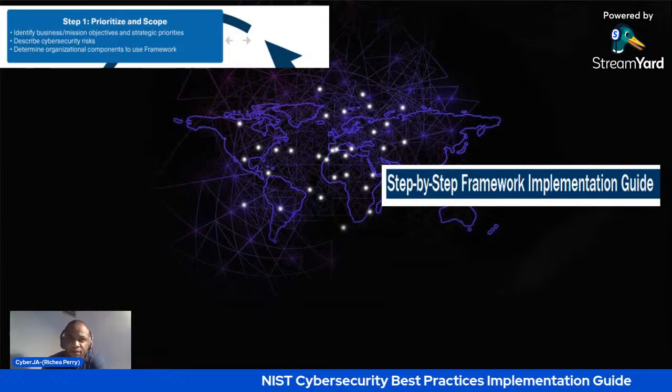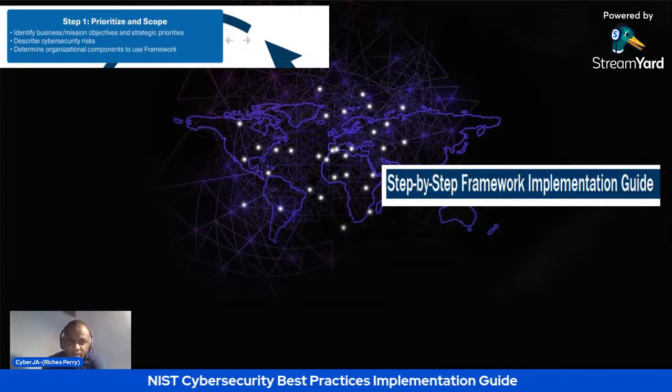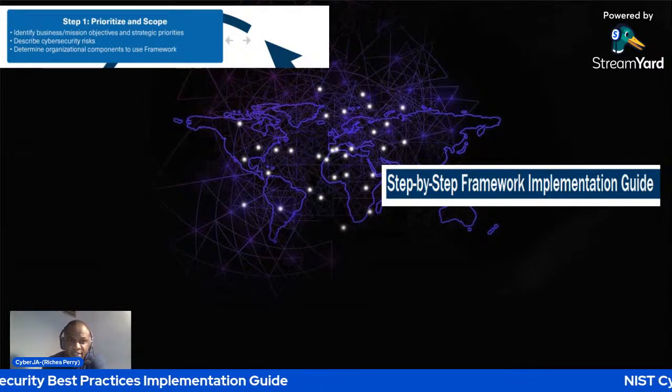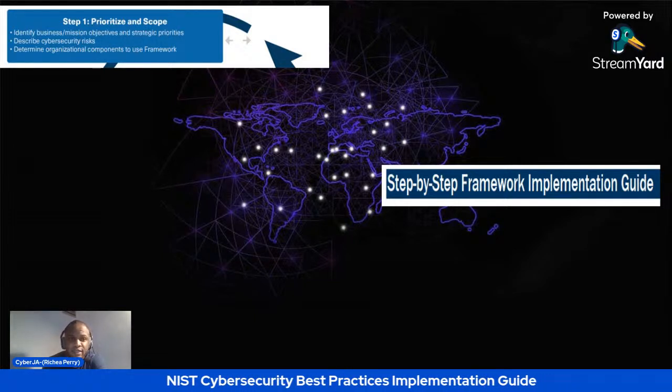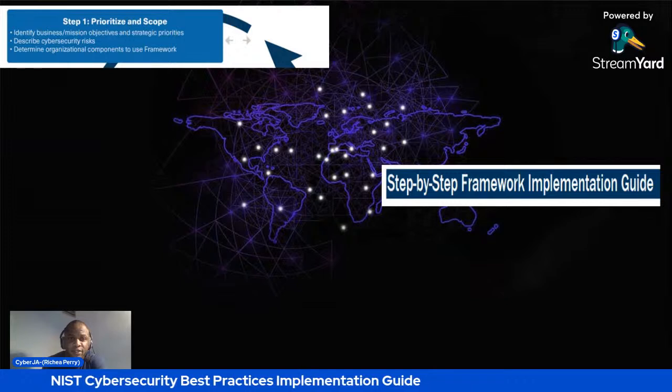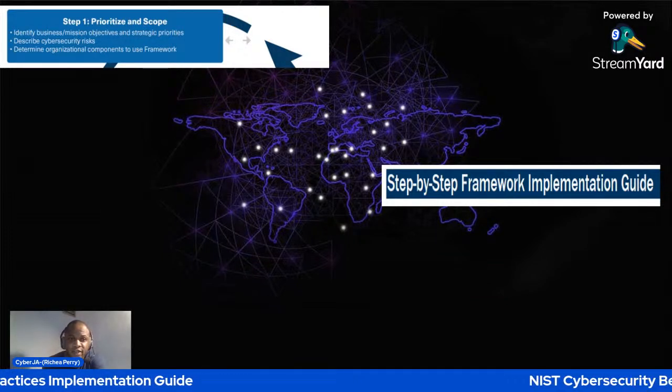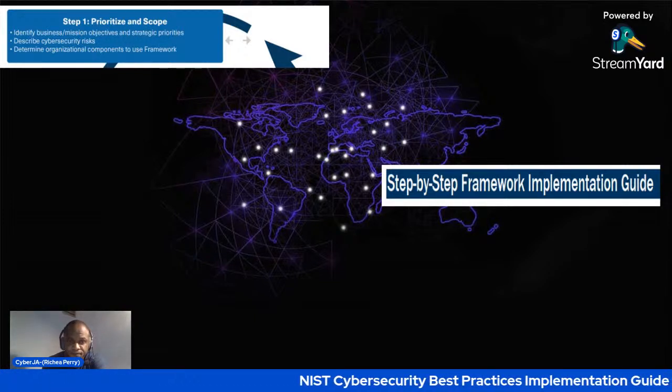And the first step is to prioritize and scope. In this phase, you identify your business mission or objectives and strategic priorities. You describe cybersecurity risk and determine organizational components to use within the framework.